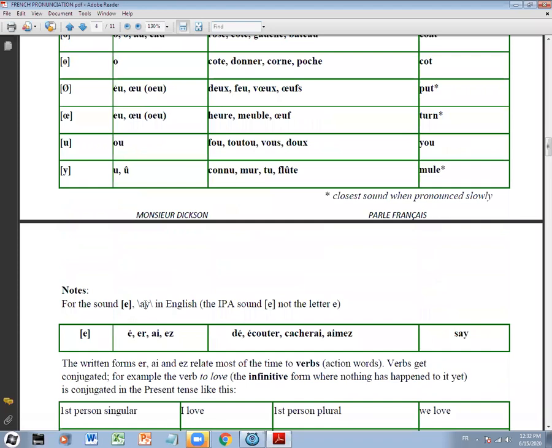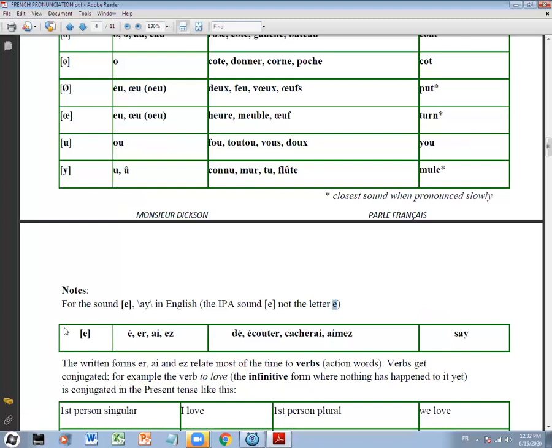Remember the letter y, I told you it's like letter e. So the e in the International Phonetic Alphabet sounds like letter a, not the letter as it is, where we pronounce it as letter e. That's why I say je, we say te, we say ce, we say le, we say me, etc.